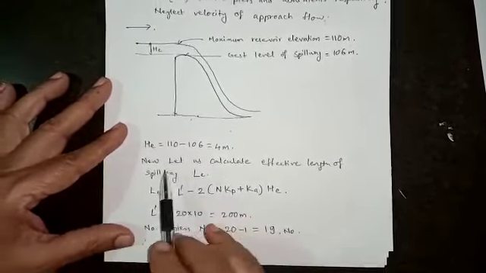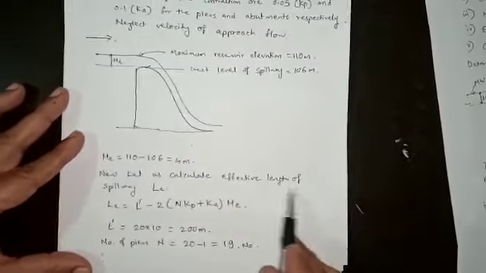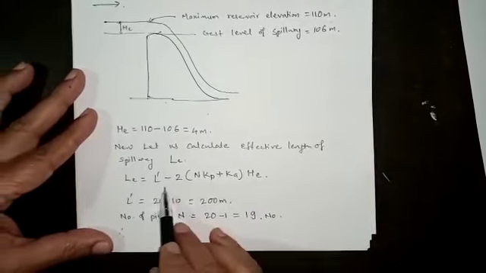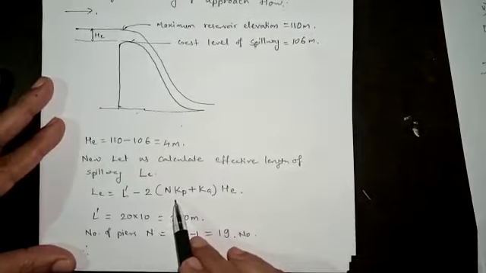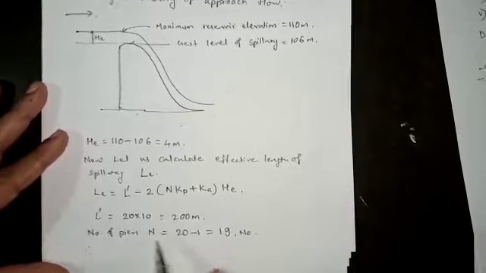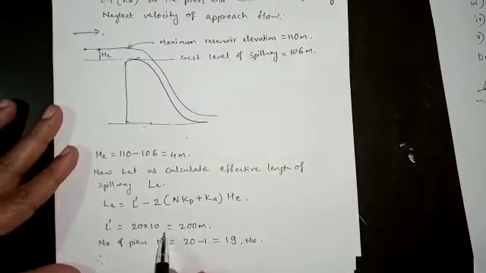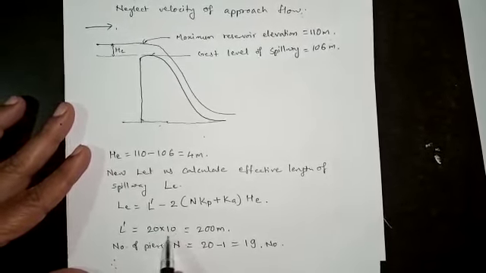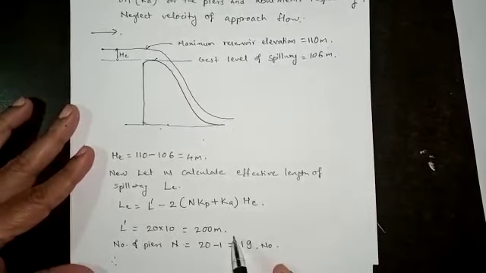Now, from the data given for the length of the spillway, calculate the effective length LE by the equation LE is equal to L dash minus 2 into bracket N into Kp plus Ka into HE. Now L dash, the net length of the spillway, will be equal to the number of spans, which is 20, into the length of each span, which is equal to 200 meters.